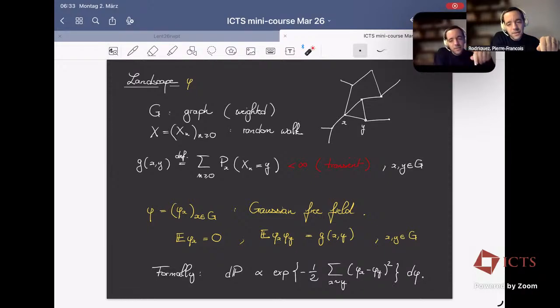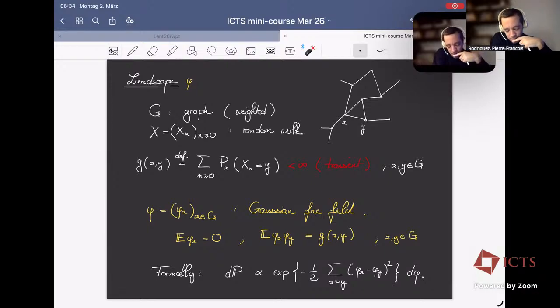And this GFF is a Gaussian field. So it means that any finite linear combination of these phi x is a Gaussian random variable. In particular, each phi x is a Gaussian random variable, and as you know, if you have Gaussians, then the law is completely specified by the first and second moment, as you can see by looking at the Laplace transform or the characteristic function.